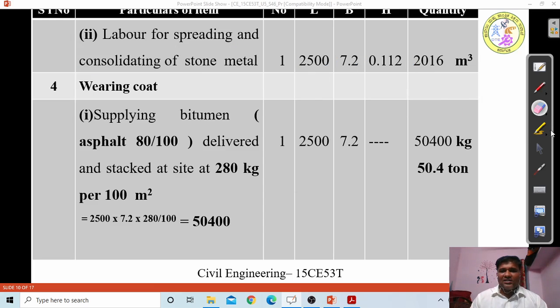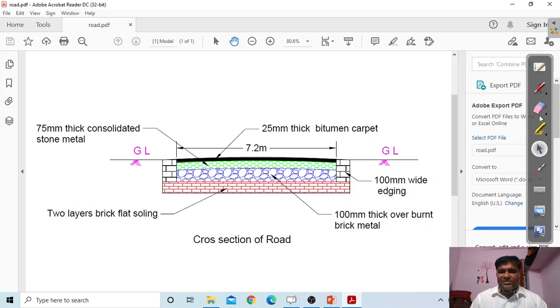So next, above all these layers, comes the bitumen layer, that is the 25 mm thick premix carpet, bitumen premix carpet. This bitumen carpet material is a combination of aggregates and bitumen.